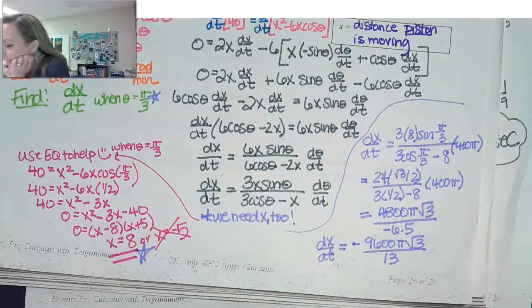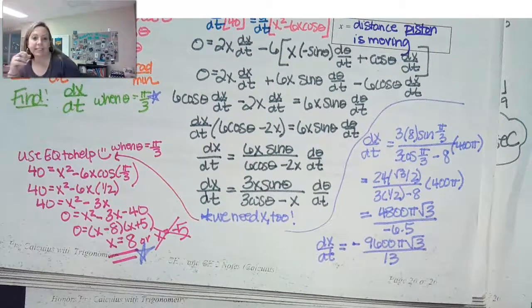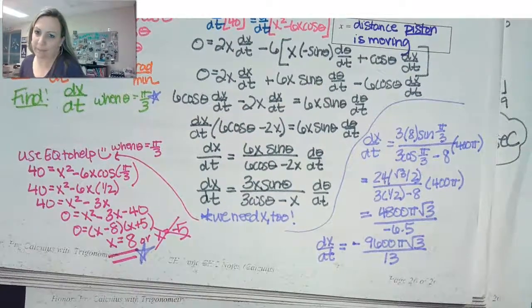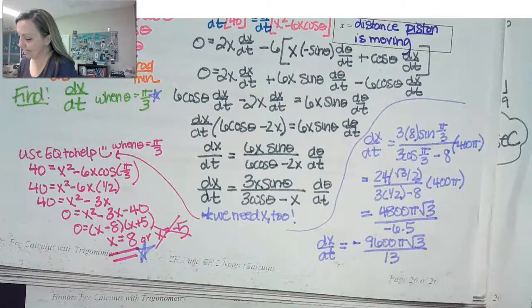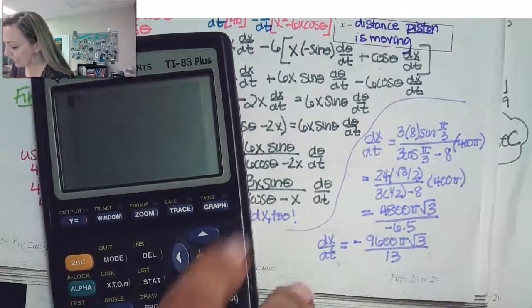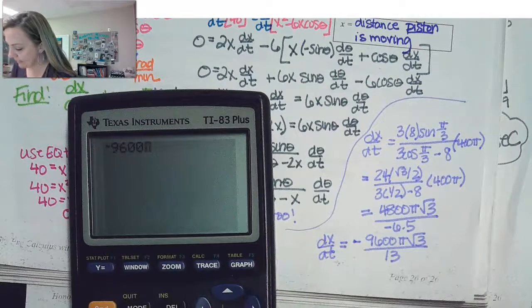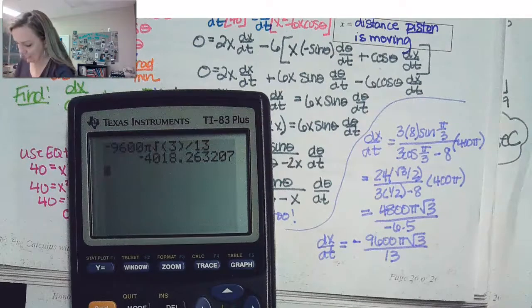This one is asking for the velocity, so that's okay. We can leave it negative. If it was speed, we wouldn't, but velocity, we can have it be negative. And if it wanted an exact answer, we could divide to see what that is. So we could take negative 9,600 pi root 3 and divide it by 13.